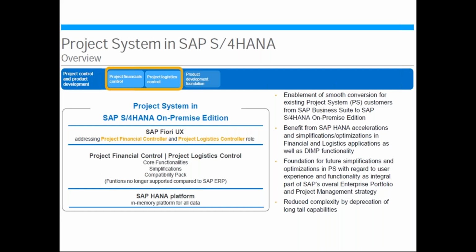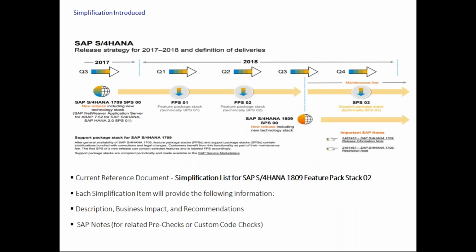Along with these, 70-plus Fiori apps are available, so as per your business requirement you can implement those Fiori apps. And this part you are already aware of, right? The simplification list. The simplification list is basically used when you implement a new S4 HANA component, like the current 2020 or 2019 versions. What features are available there, and what new functionalities have they introduced?